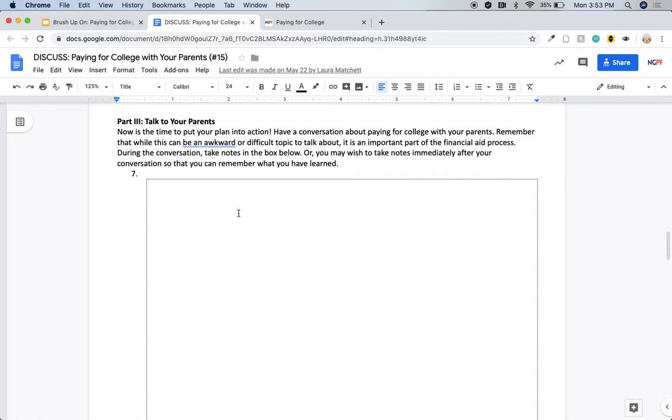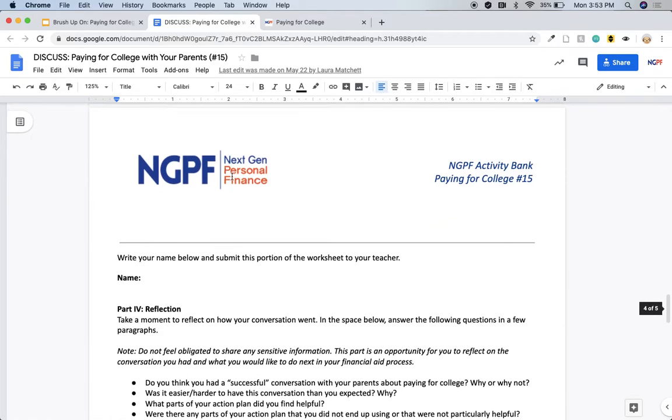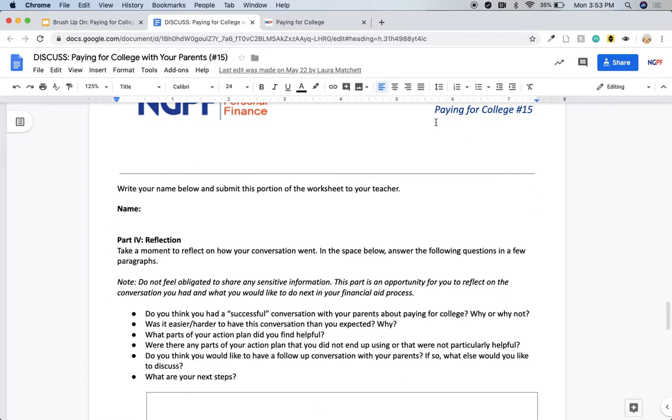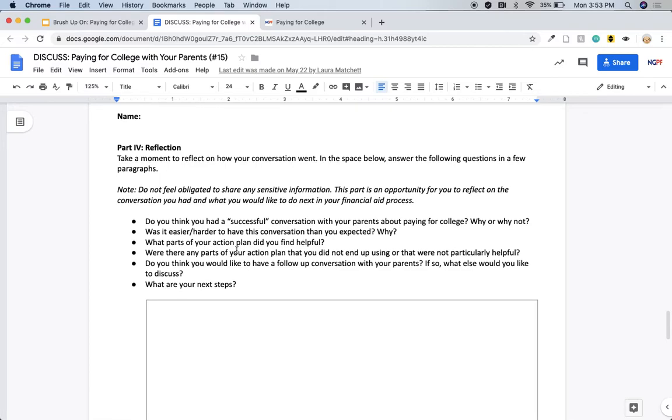So we've divided the activity into two parts. All of what they've done so far can be kept with them at home. They don't have to turn it in. The rest of the activity is what they can actually turn in to you to grade or to just count for credit, and that's just a reflection piece.